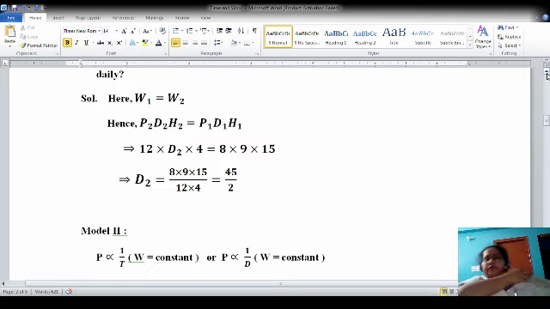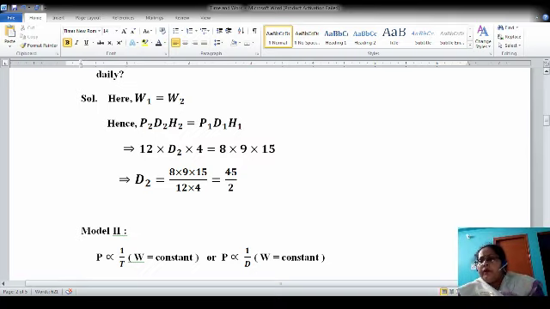Or if we just talk about days, then P is inversely proportional to D. I think we can understand this easily, because if time increases, then of course you will need fewer persons, or vice versa.